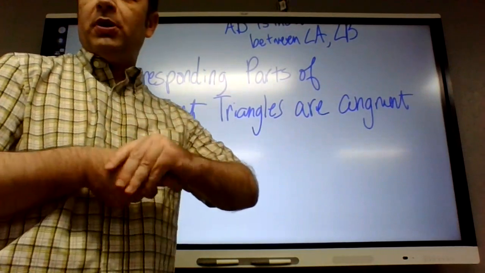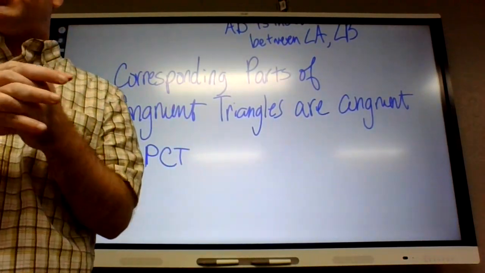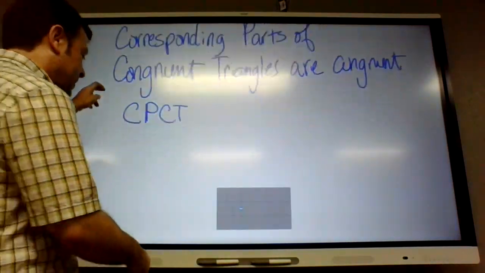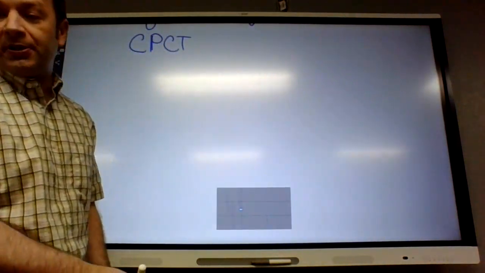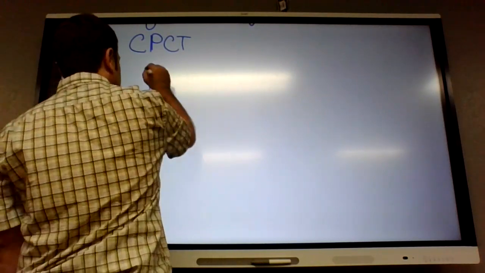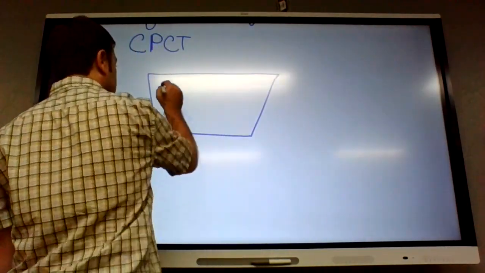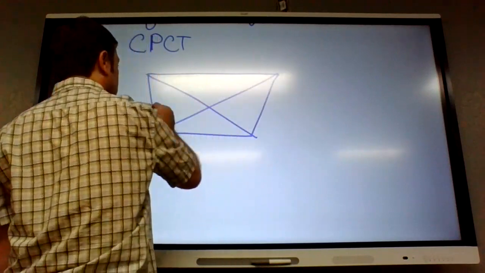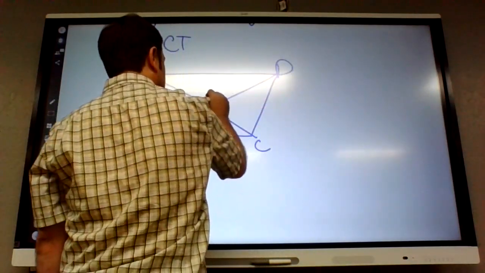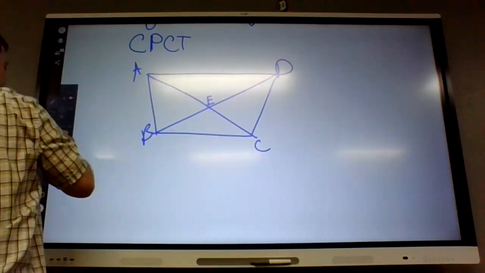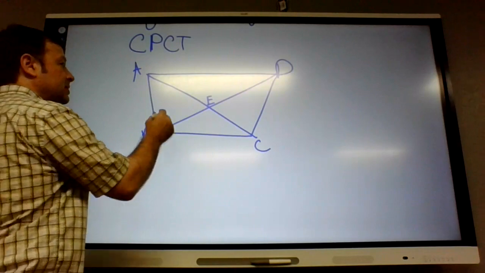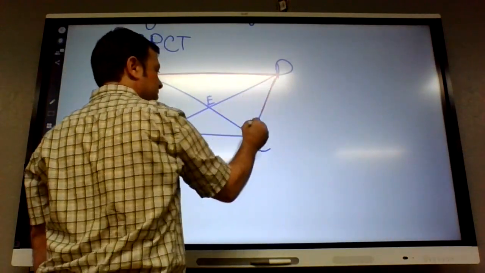Number 1. Name the included angle between segment AD and DC. Do you guys see sides AD and DC in the picture? There's AD, there's DC.